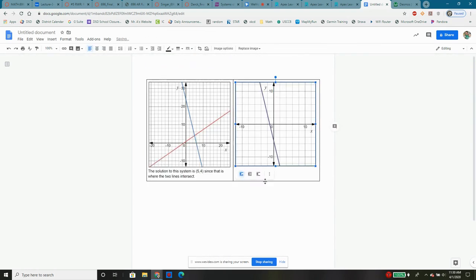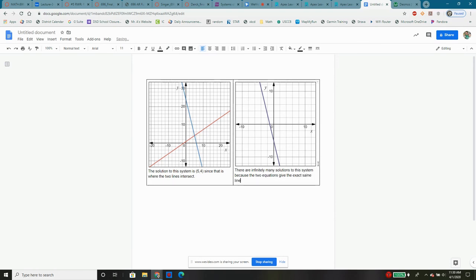And this one, put here, and I could say, there are infinitely many solutions to this system because the two equations give the exact same line.